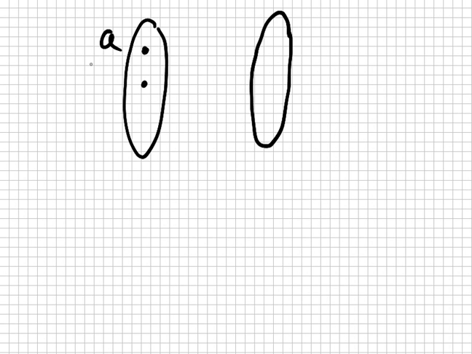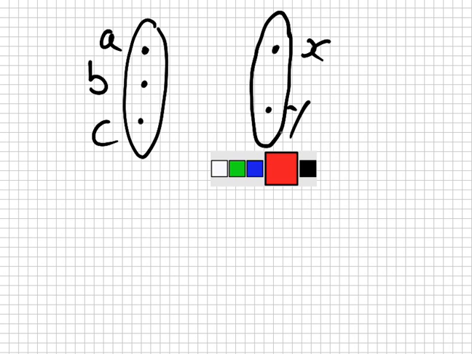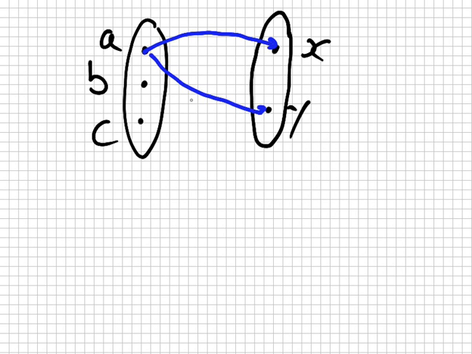A, B, C, I'll just go with, and then X and Y. So, A to X, A to Y, each one goes. B to X, B to Y, and then C to X, and C to Y. So you can see that A, B, and C all go to X. Don't they?